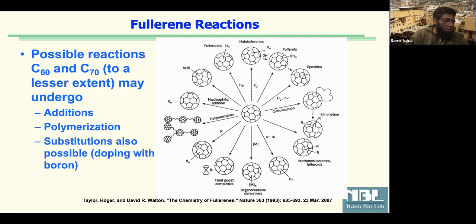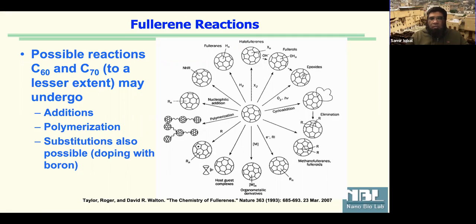You can add more atoms, you can subtract, you can put many of them together, what you call polymerization. And polymers are plastics. You can substitute different groups into it, so it's essentially very versatile.